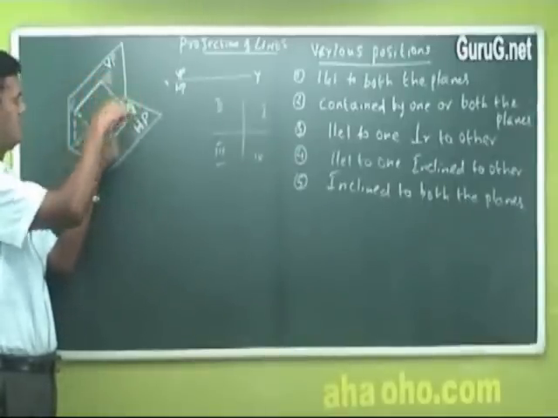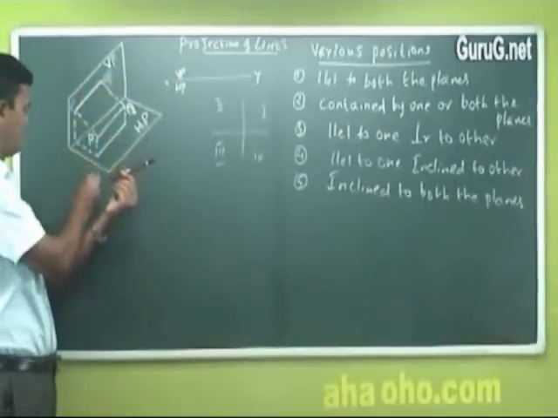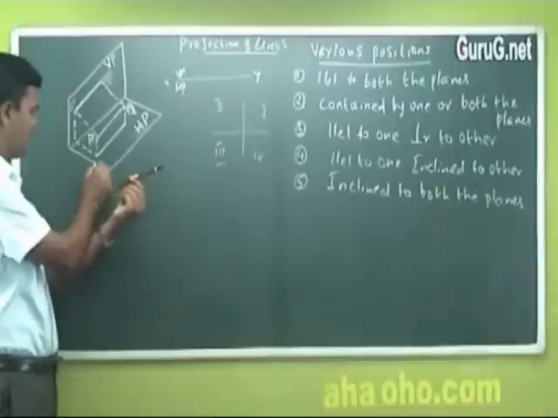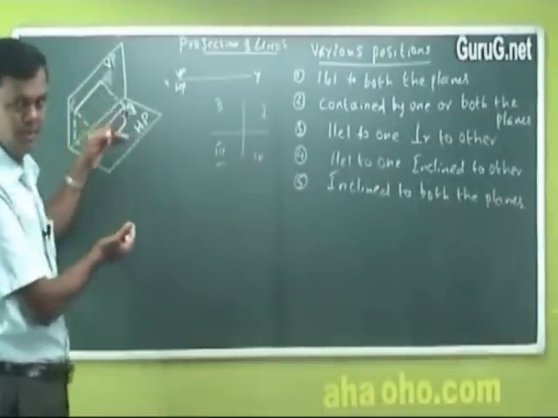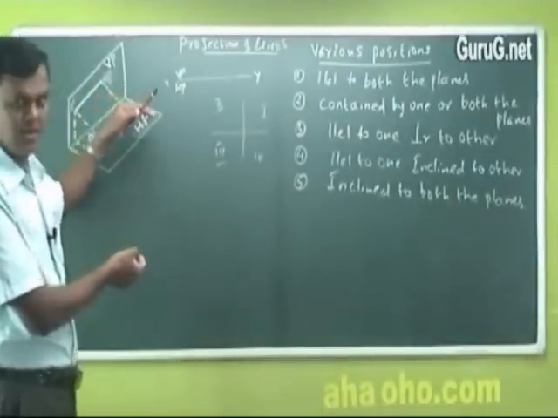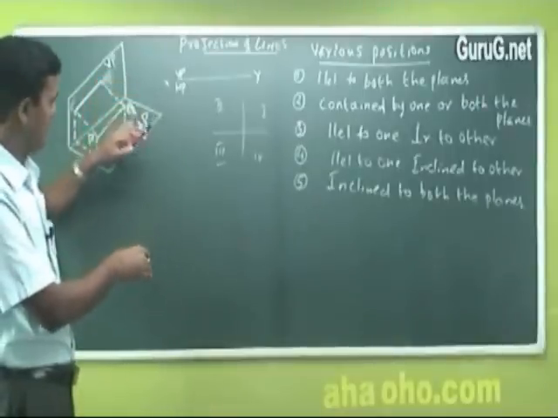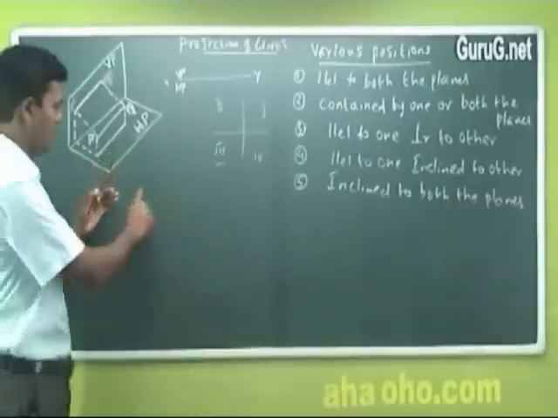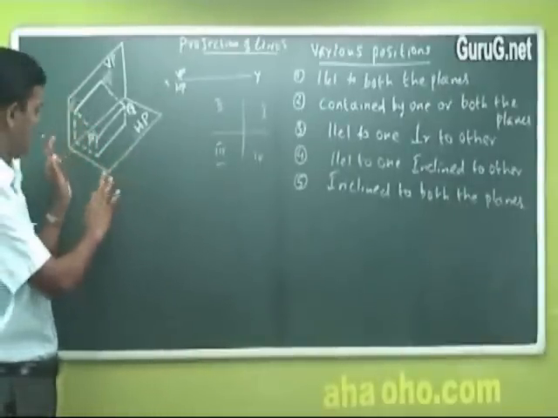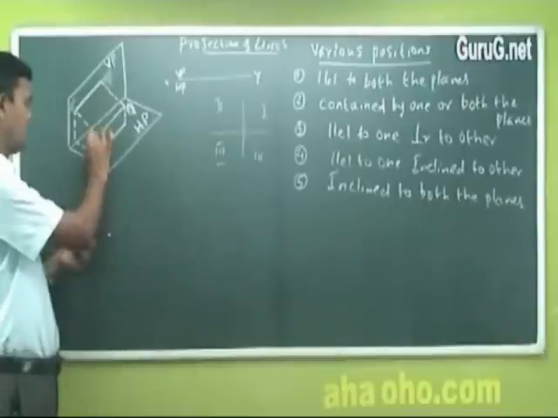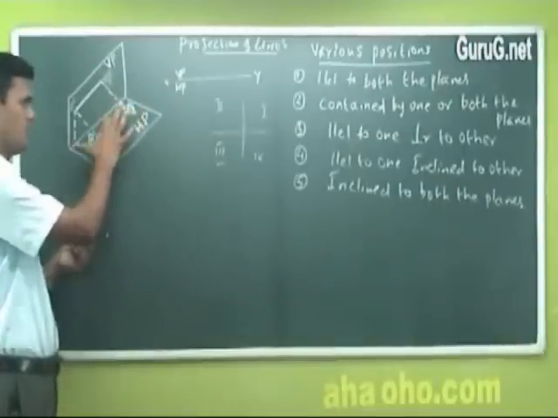The picture is drawn at some angle, 30 or 40 degrees, because you cannot draw a picture on a two-dimensional board or paper other than in this fashion. In a straight line it won't come. That's why it's drawn inclined. So P and Q is one line.